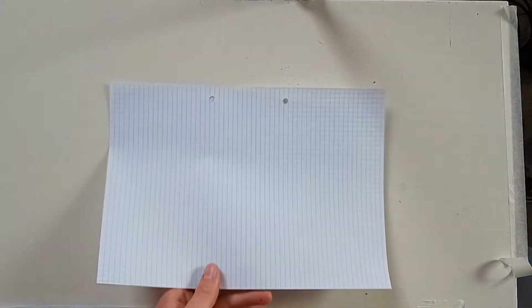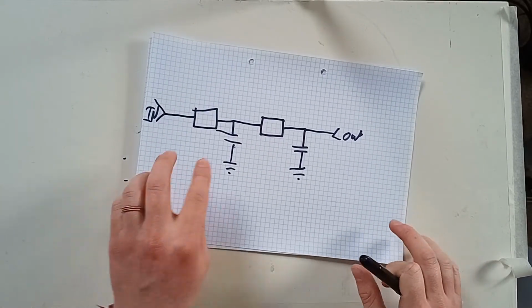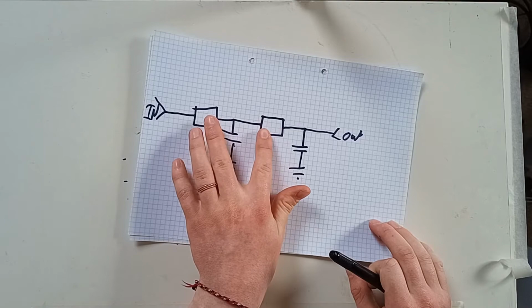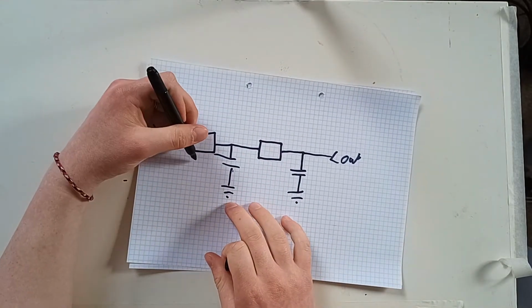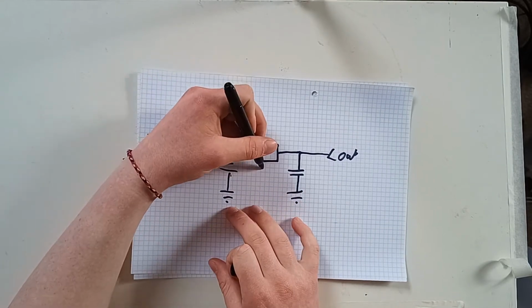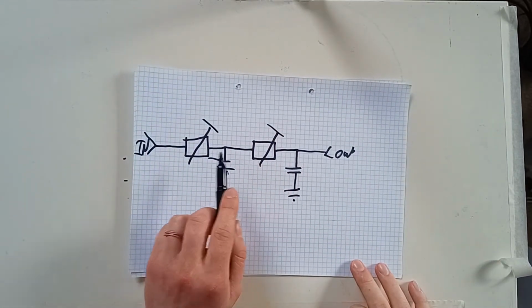On top of that, though, when it is made variable, there is a slight requirement for the actual rheostats, because for it to work correctly, the resistances of these two components need to match. So when these are made rheostats to make it variable, they need to be paired together.